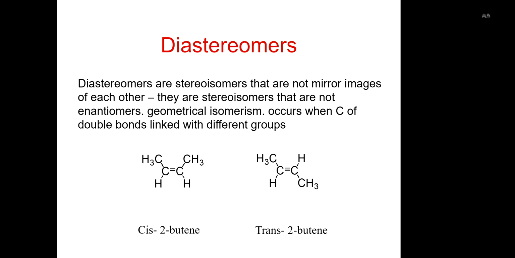For 2-butene, if we look at this carbon, it is connected with different groups, right? A hydrogen atom and a methyl group.